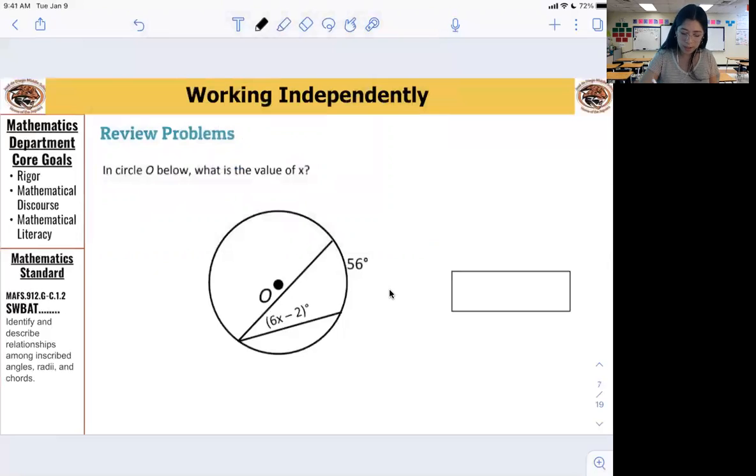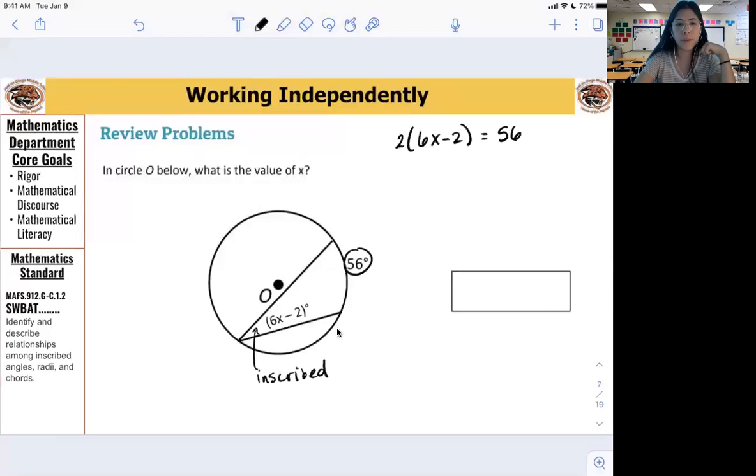All right. So we know that this is the arc measurement, and then this is my inscribed angle. So that means that 2 times 6x minus 2 will equal 56. You have to multiply whatever this is times 2 to give you 56.